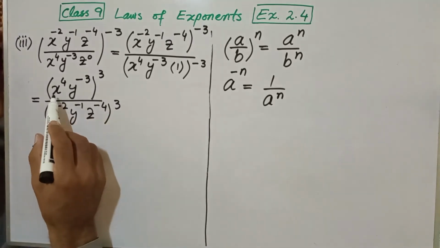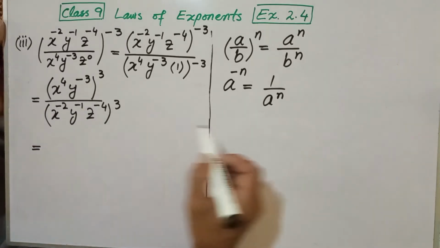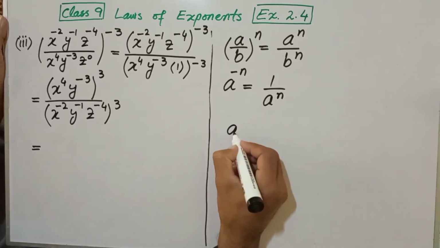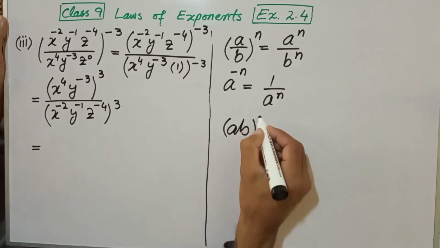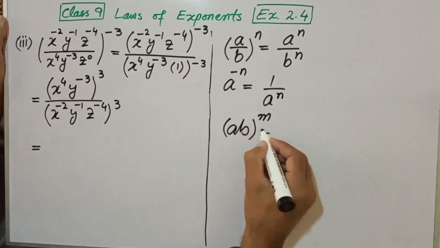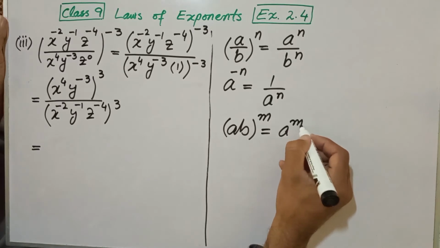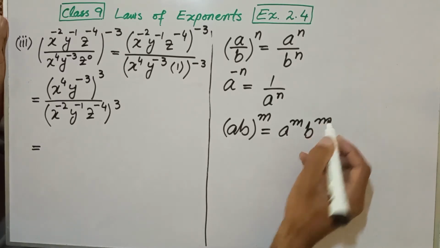Now here the two numbers are multiplying. We can use the property (ab) whole power m, we can write a power m, b power m.